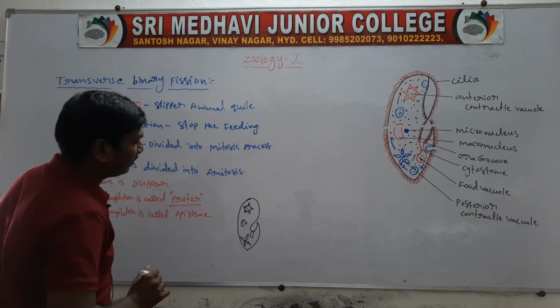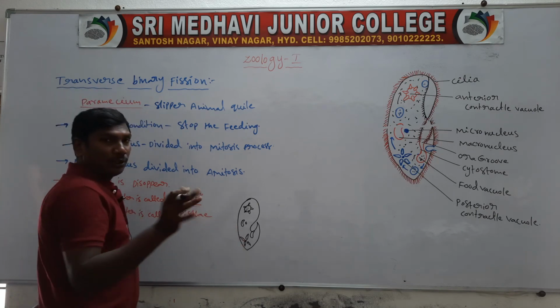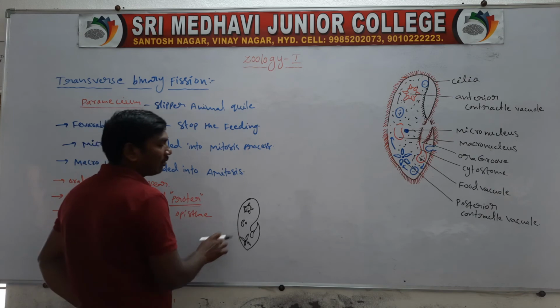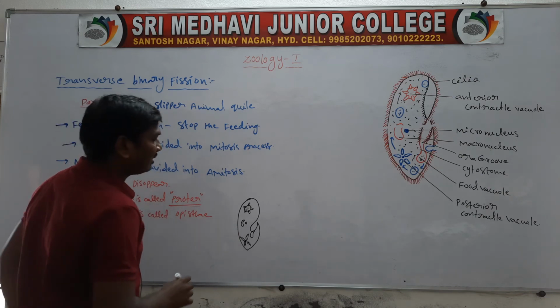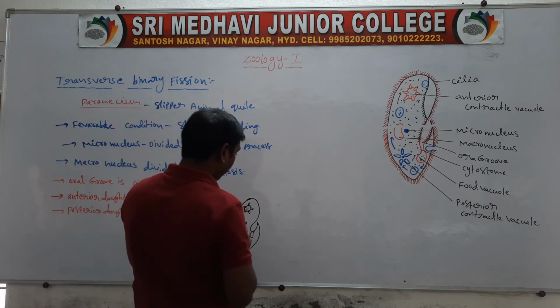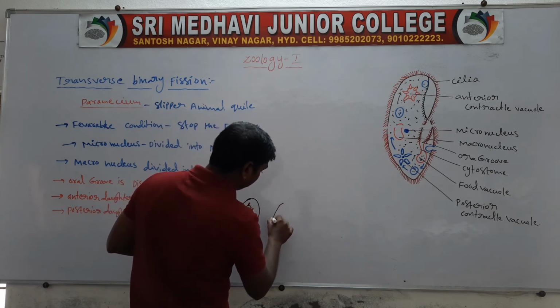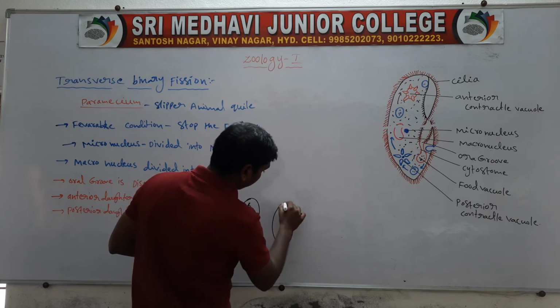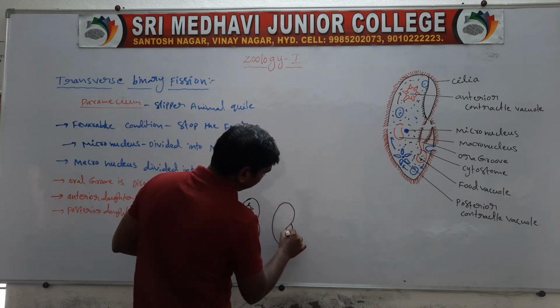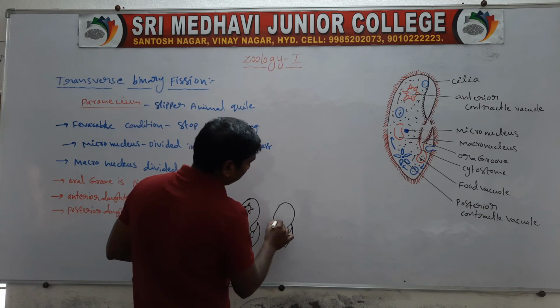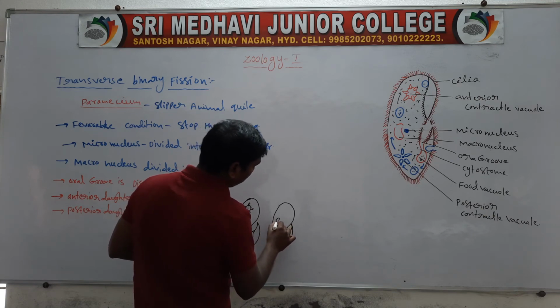In the first step, the micronucleus divides by mitosis and the macronucleus divides by amitosis. The micronucleus divides into two daughter nuclei, and the macronucleus also divides into two daughter nuclei.